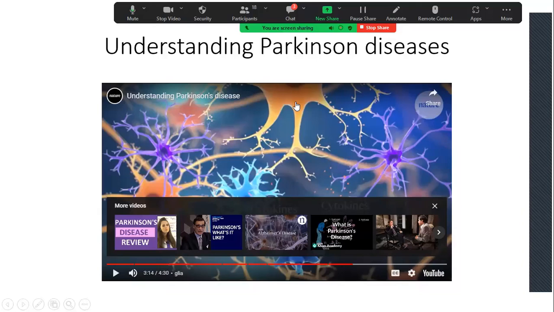When L-DOPA is metabolized into its byproducts, its metabolites, which are quinones, those quinones are free radical generators, and we have a problem of recycling them. Those antioxidant enzymes are expressed less in Parkinson's patients versus normal people. They have some genetic defects in expressing enough antioxidants and all this recycling system of the waste.